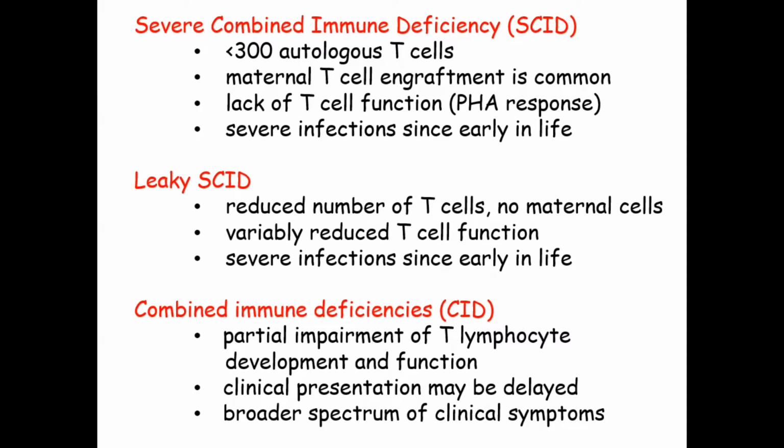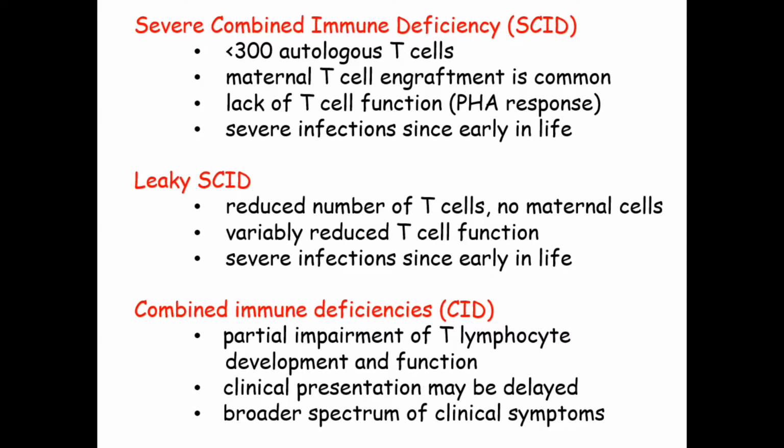The leaky forms of SCID have a little bit more T cells. They are reduced in numbers, but they may be higher than this number here. There are no maternal T cells. The function of T cells is a little bit variable. In some cases, you do have some function, but also these babies are prone to severe infections in early life. What we call combined immunodeficiencies is when we have a partial impairment of T lymphocyte development and function.